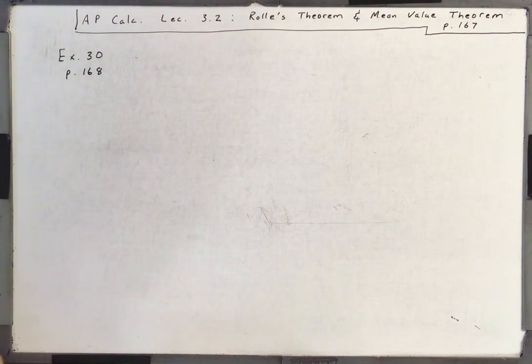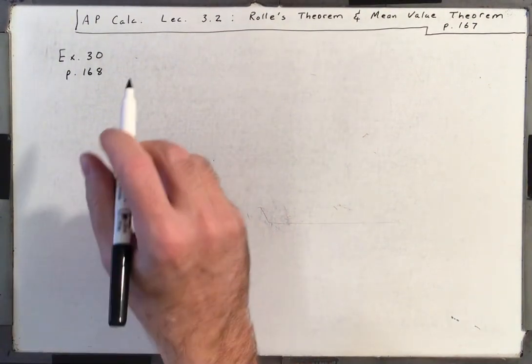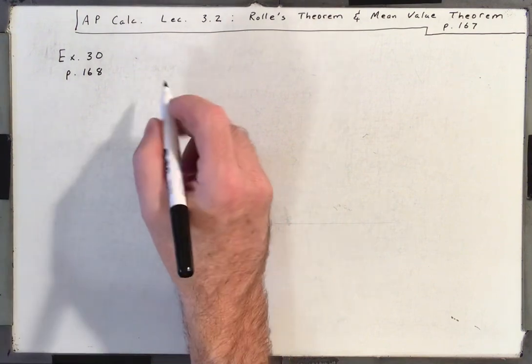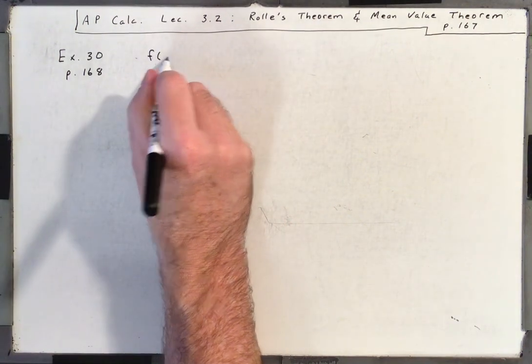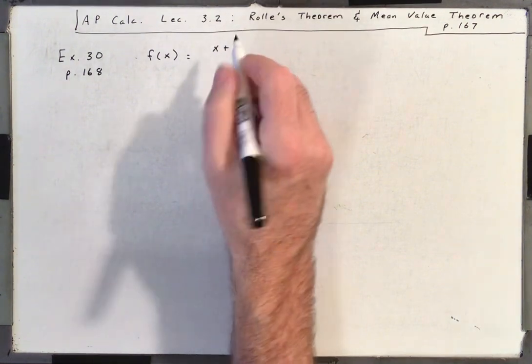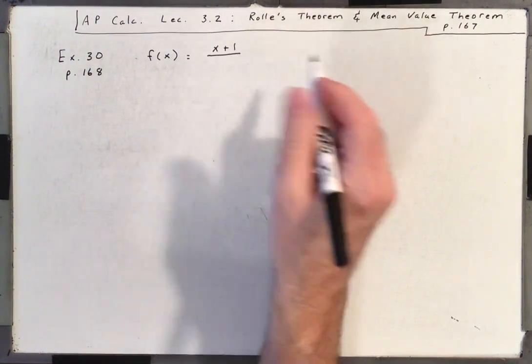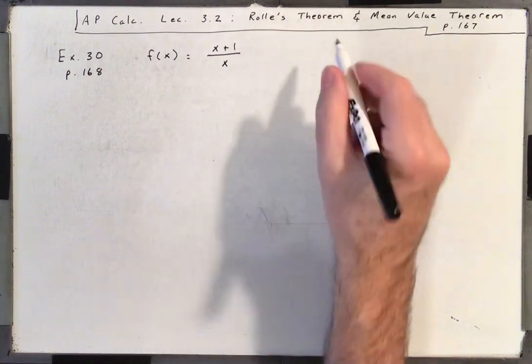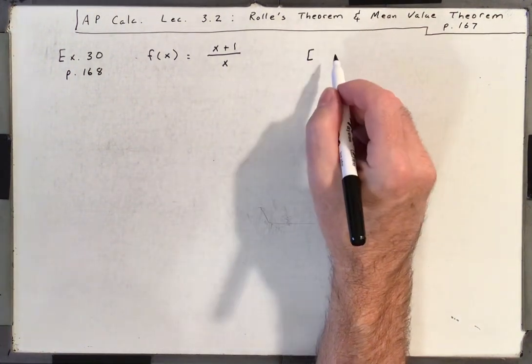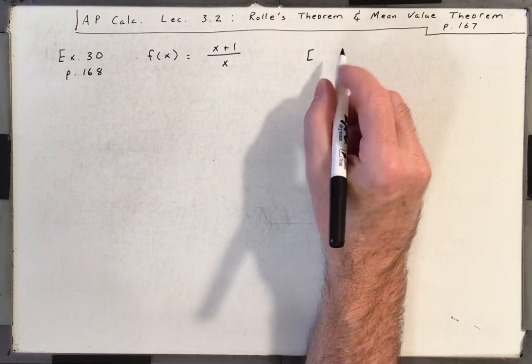Okay, so our first example, number 30, we have f of x is equal to x plus 1. Now, f of a doesn't have to equal f of b with the mean value theorem. Okay? So you don't have to do that test, but we do have to see, is there a place in the interval where it's not continuous?